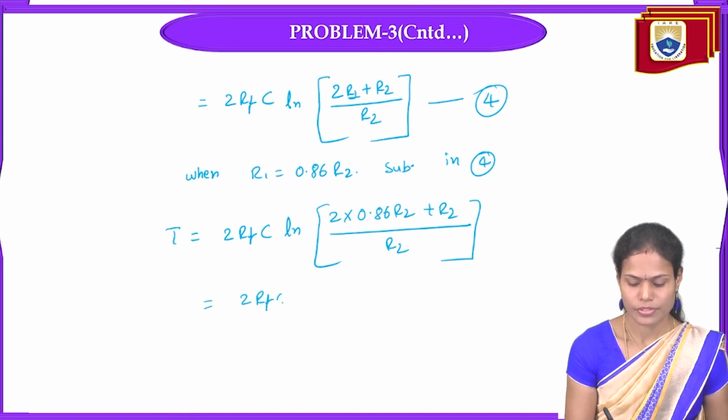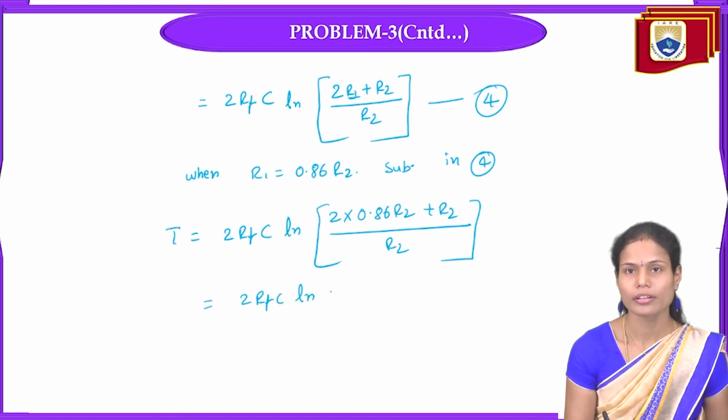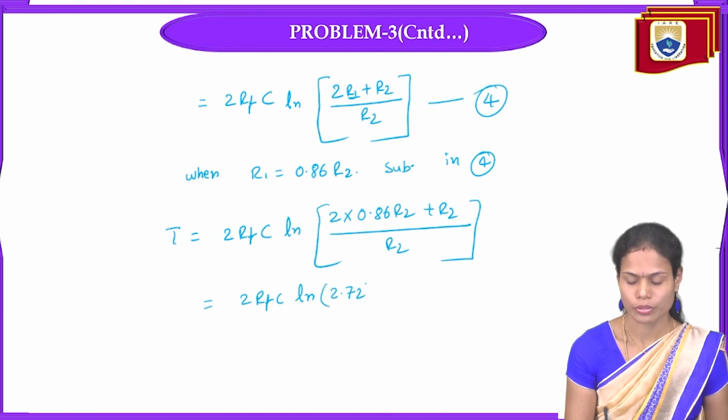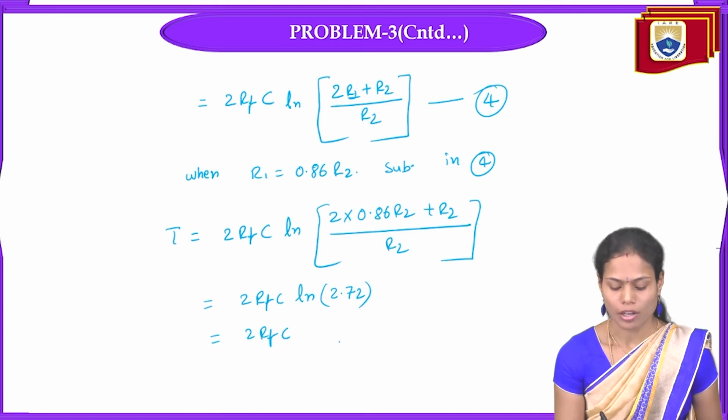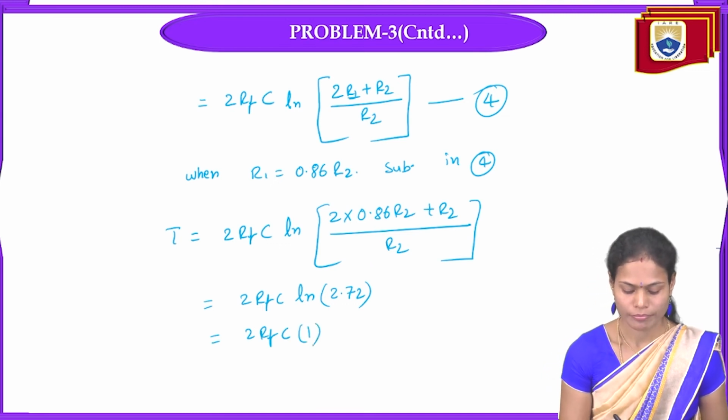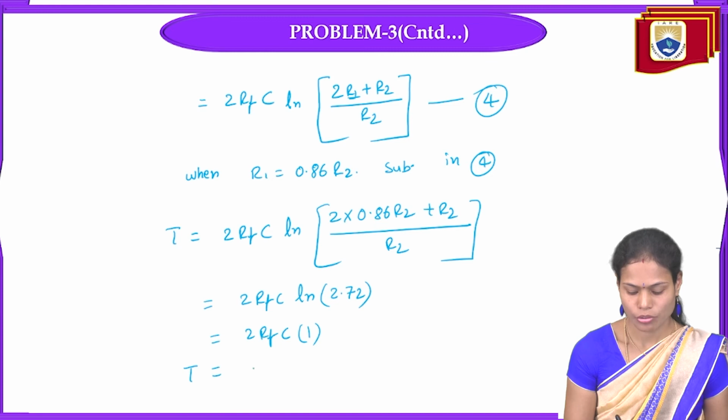So 2 RFC ln, this total value we will get as 2.72. And ln 2.72 we will get as almost 1. So T equal to 2 RFC.